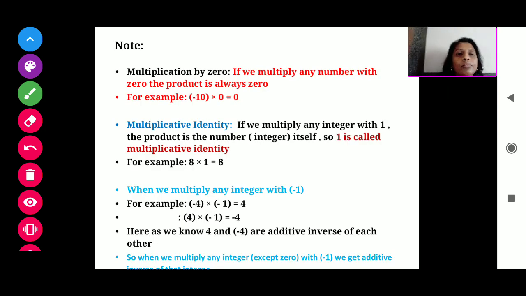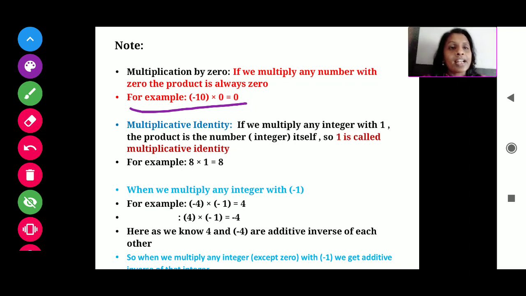Okay, now most important thing, multiplication by 0. When you multiply any number with 0, the product is always 0. It means when you multiply any integer with 0, suppose you are multiplying -1 into 0, your answer will be 0. 2 into 0, your answer will be 0. 3 into 0, your answer will be 0.